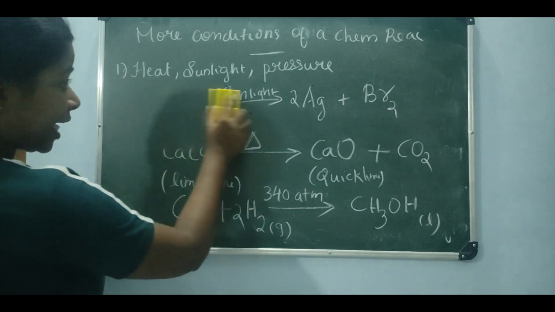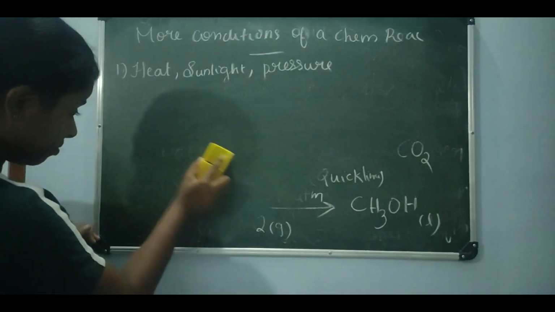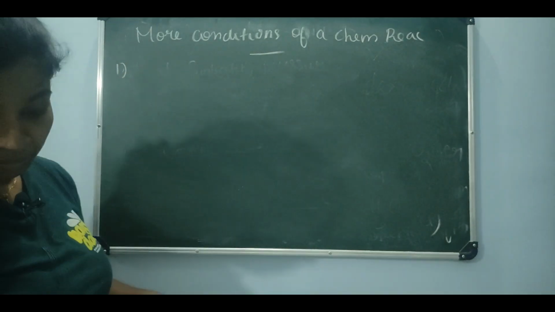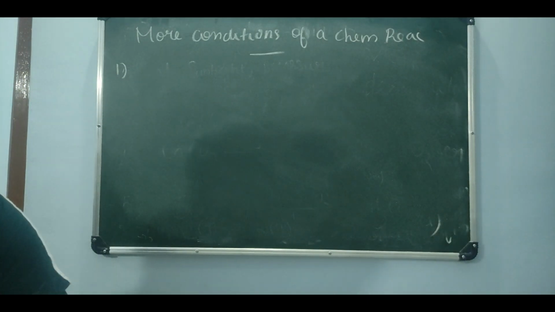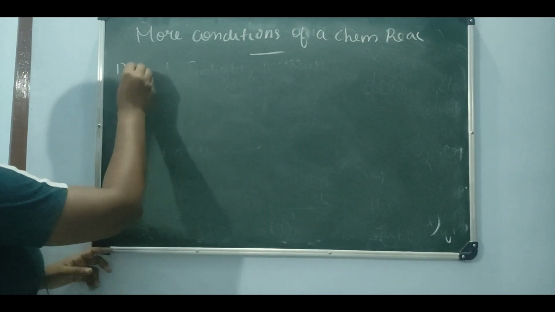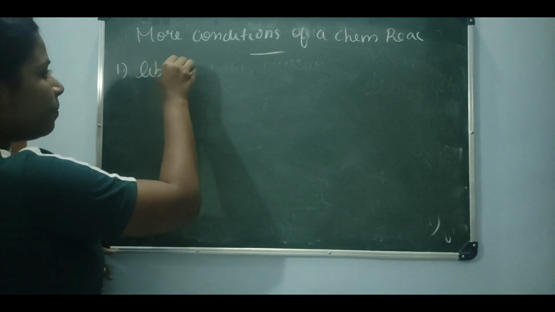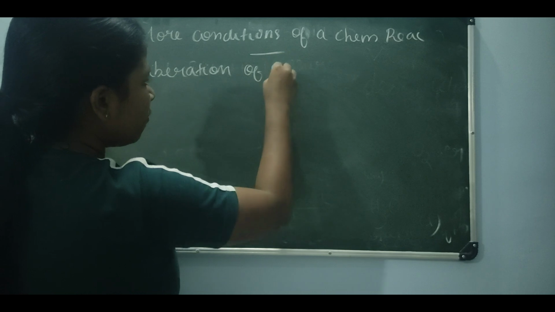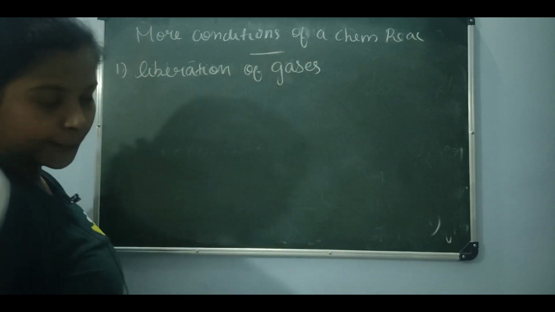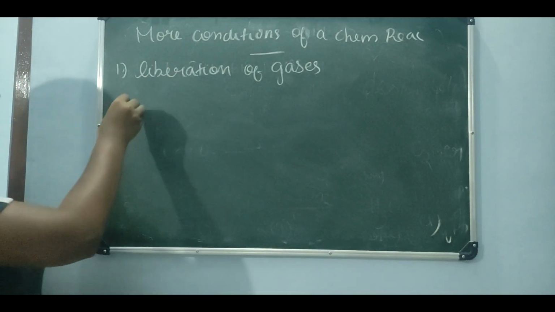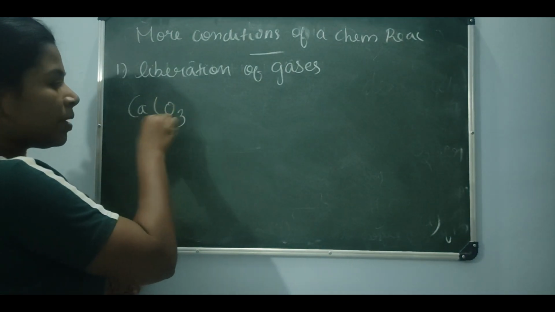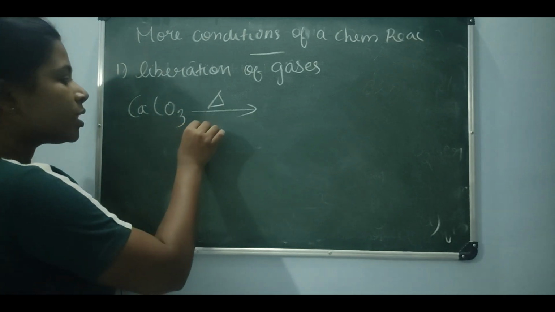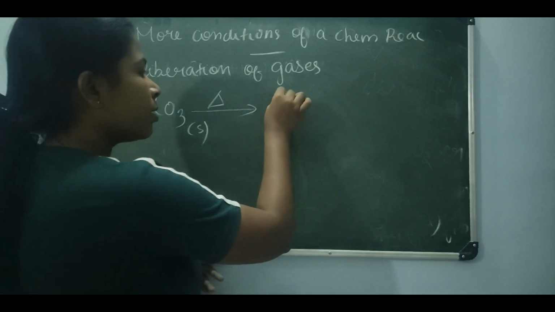Now let's see what the second effect is. Second condition: there can be liberation of gases. For example, when I am heating calcium carbonate, which is a solid, what is formed?